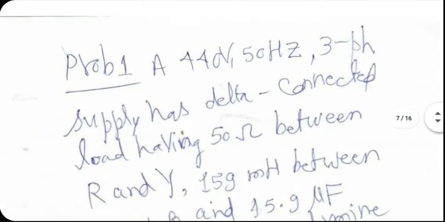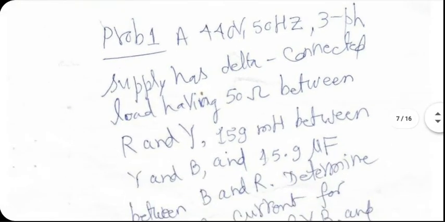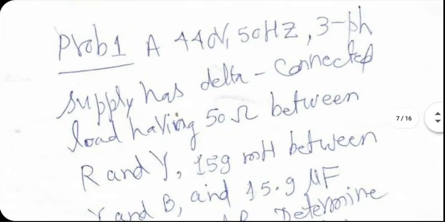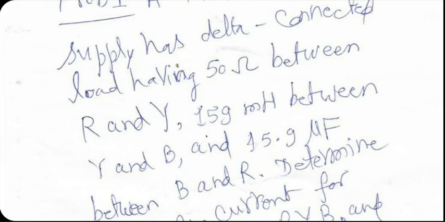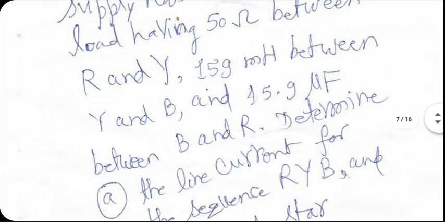For delta-delta connection, let's say a sample calculation would look like this. A 440 volt, 50 hertz, 3-phase supply has delta connected load having 50 ohm between R and Y. That means A and B. 159 millihenry between Y and B, and 15.9 microfarad between B and R. So they are using RYB notations here.